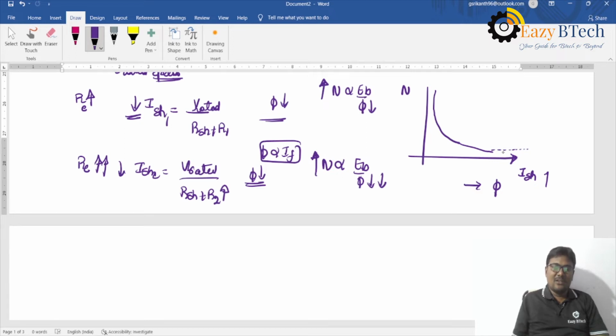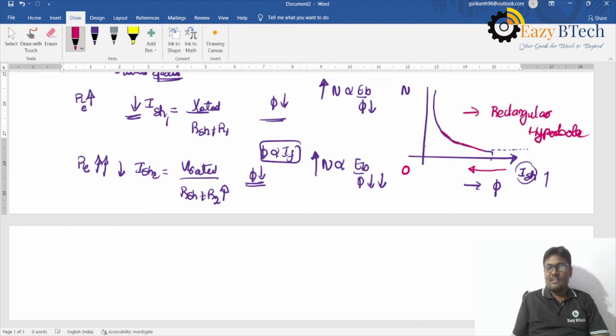It will follow in reverse manner. For this, ISH is more. If ISH is decreasing in this manner, then the speed will increase. The shape of this waveform looks like a rectangular hyperbola.